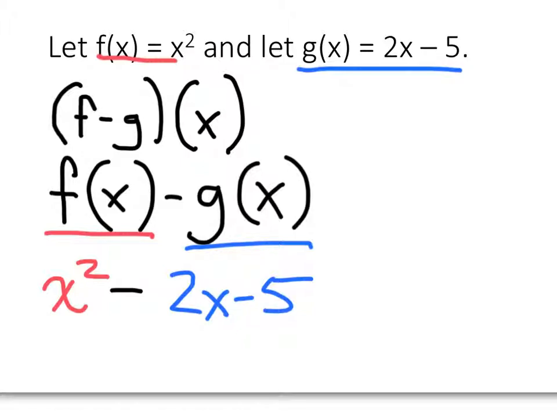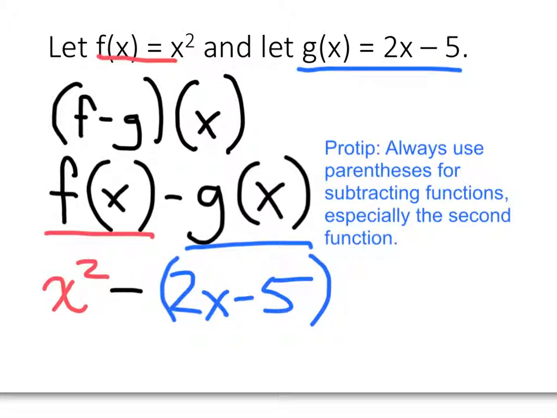One of the really important things that people forget is that I need to see g of x, that 2x minus 5, as one thing altogether. And to show that, I need to use parentheses around the 2x minus 5. This means not only am I going to subtract the 2x, but I'm also going to subtract the negative 5, which is going to give me a positive 5.